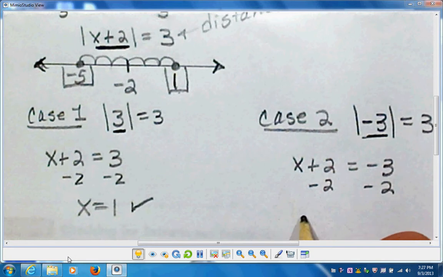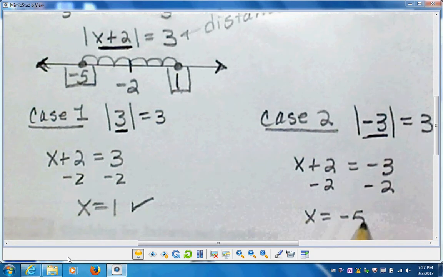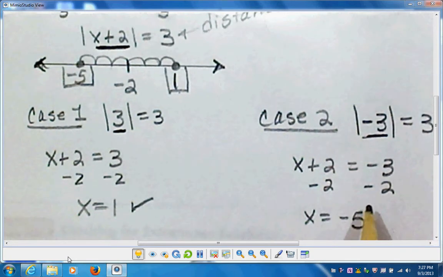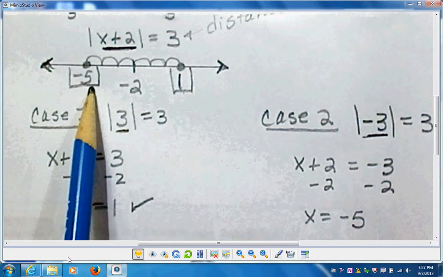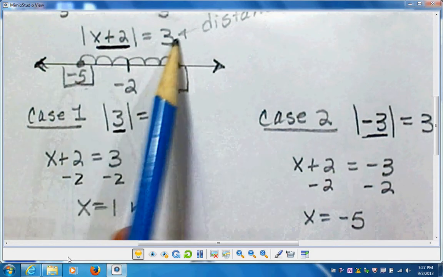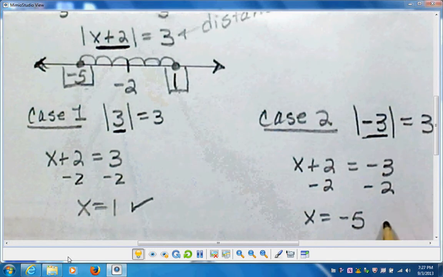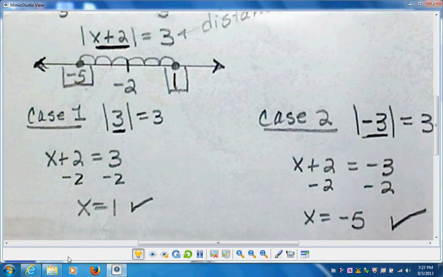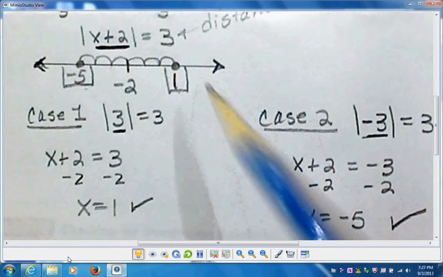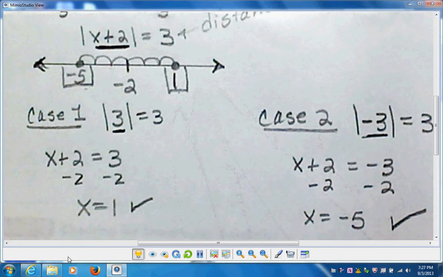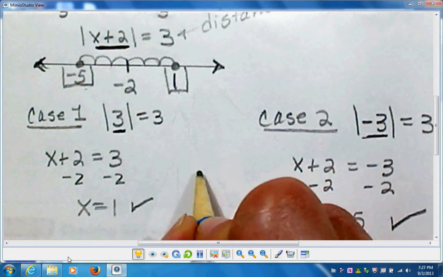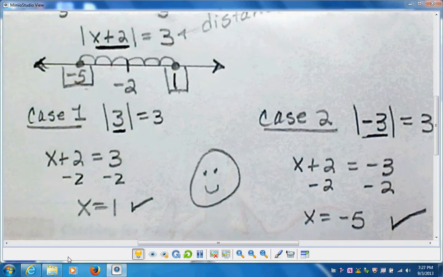So that means I have x is equal to -5. Look at that. I got that on my number line when I thought of this as distance from center. So both of those are correct. And look, I already graphed my number line, so I don't have to graph it again. And I am done with that problem.